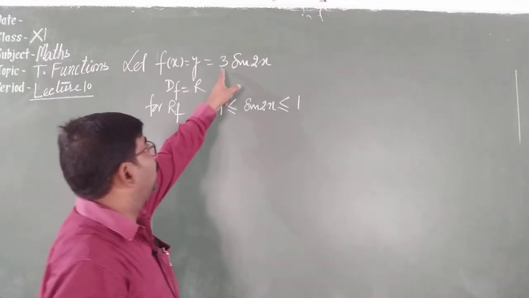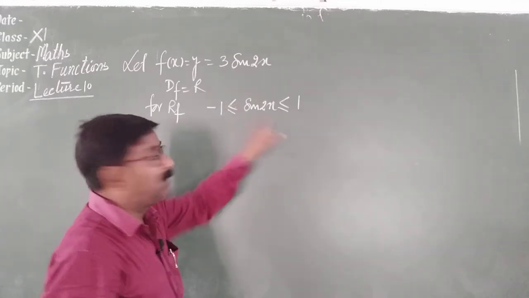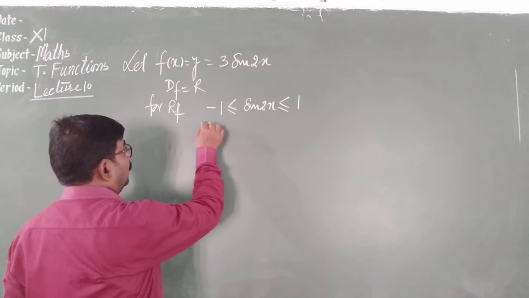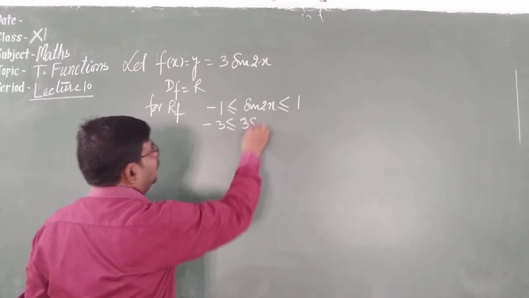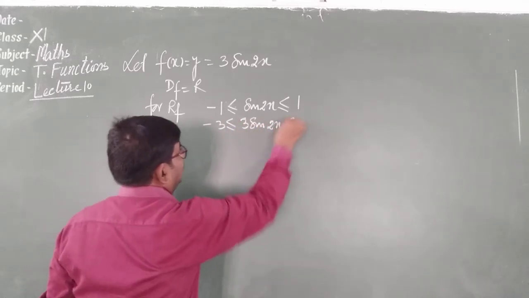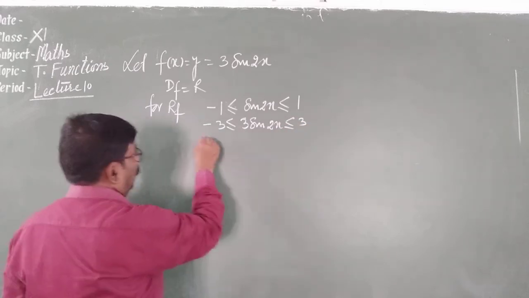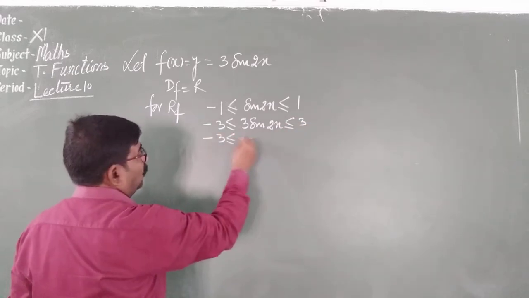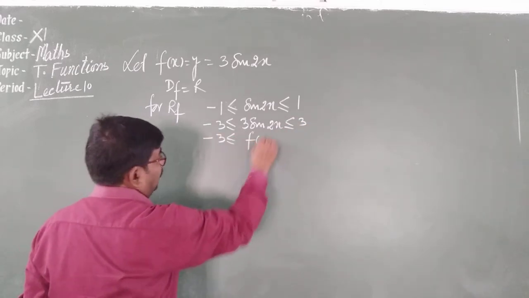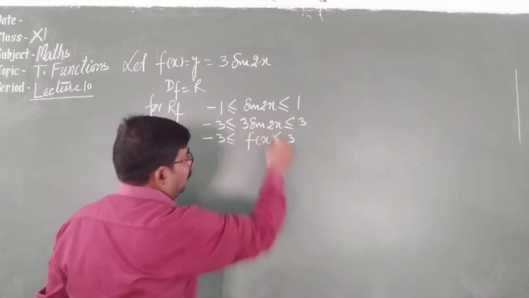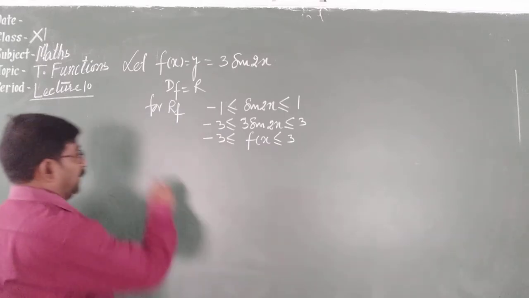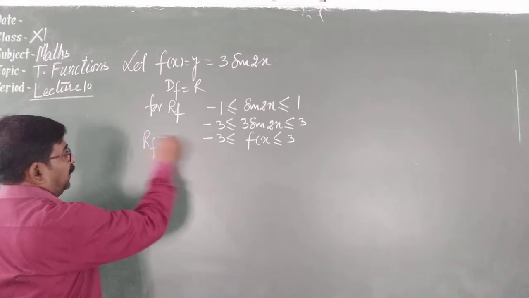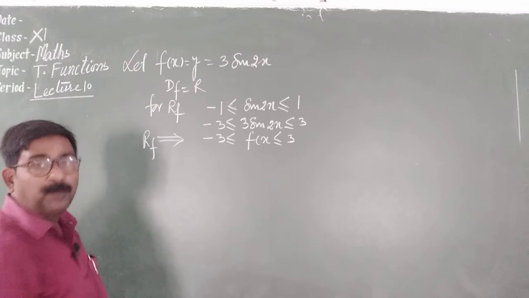Since we need 3 sin 2x, multiplied by 3, we have -3 ≤ 3 sin 2x ≤ 3, or -3 ≤ f(x) ≤ 3. This means its range is -3 to +3. The range of the function is -3 to +3.